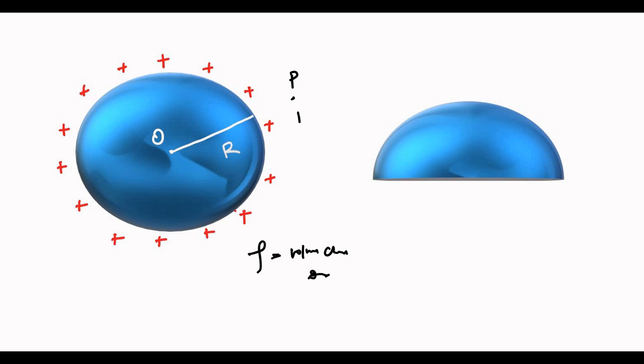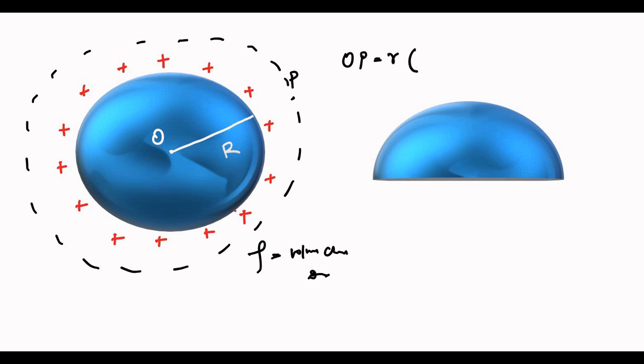For that we have to pick a Gaussian surface like this, where the distance between the center and that point P, OP, is equal to small r, which is greater than the radius of the sphere.